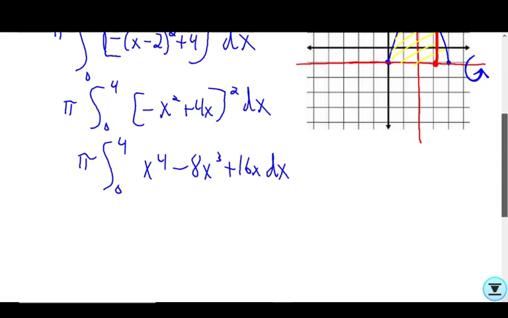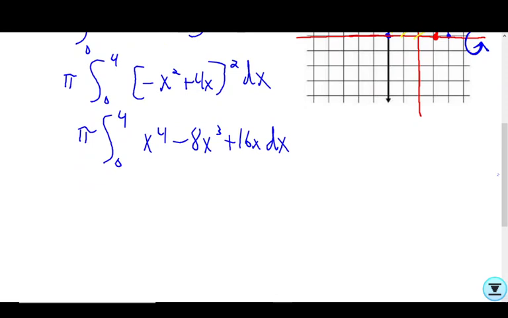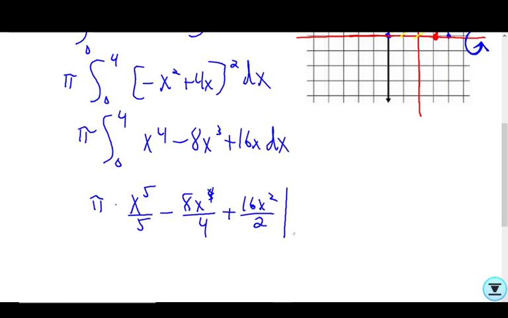Now that it's in a nice neat polynomial, we take the antiderivative. So you get pi times x^5 over 5 minus 8x^4 over 4 plus 16x^3 over 3, from 0 to 4, like that.